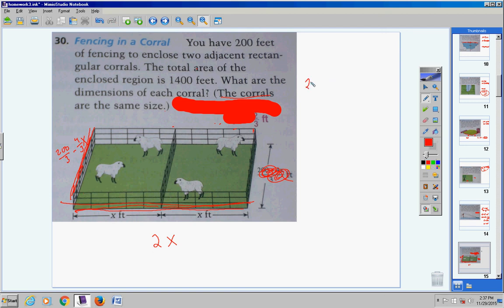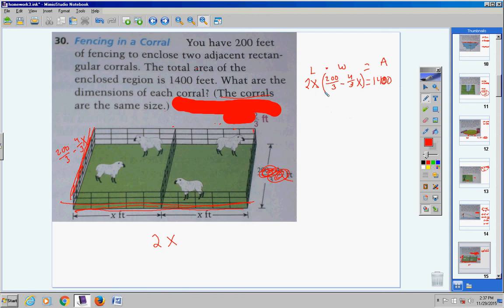So I can take length, 2x, times width, 200 over 3 minus 4/3 x. Length times width equals the area, which is 1,400. Here's my length, here's my width, this is my area.